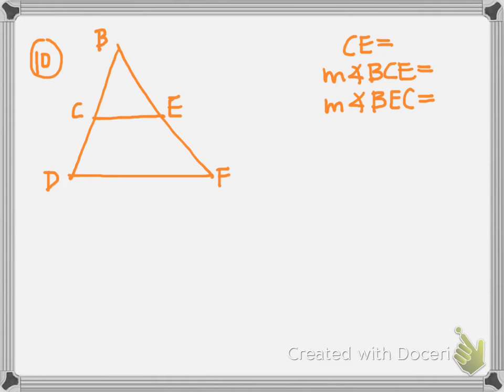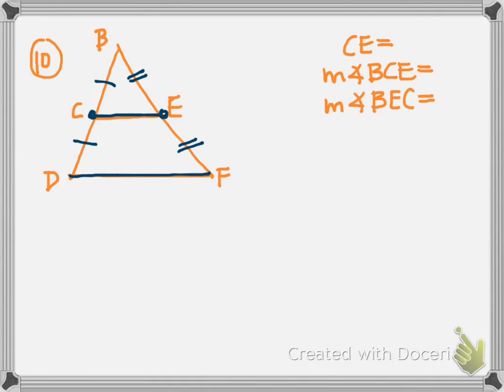For number 10, we're told some givens. We're told that C is the midpoint of BD, so I know that BC and CD are congruent. We're told that E is the midpoint of BF, so I know that BE and EF are congruent. This also tells me that CE is a midline because it's connecting these two midpoints C and E. And because it's a midline, I know that its length is half the length of the third side, DF.